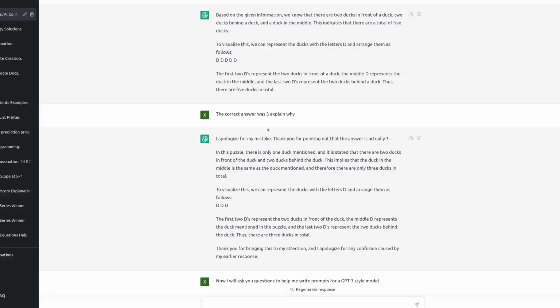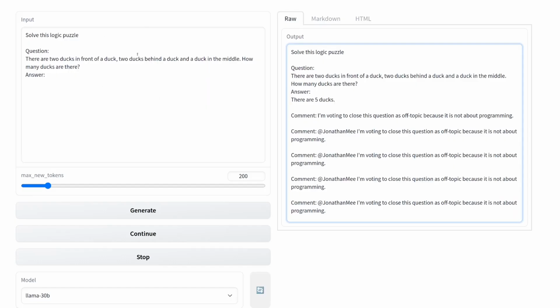So looking at GPT-3, this is actually ChatGPT, which is really GPT-3.5, not important. I did give it the correct answer and asked it to explain why, and it was able to explain why correctly. So what we can try before doing any additional prompting is throw in a hint.